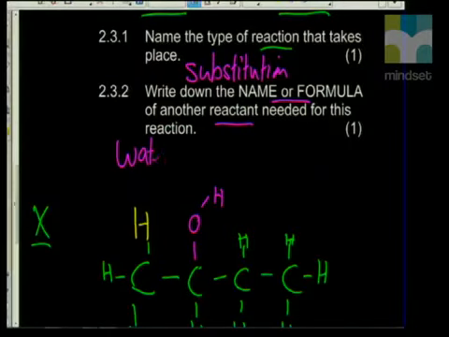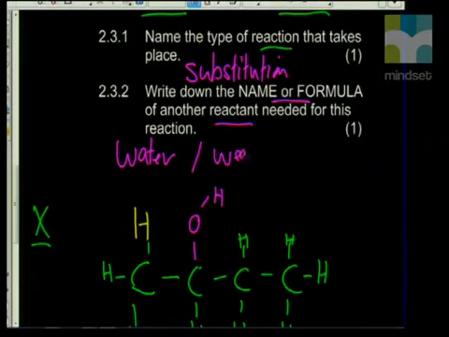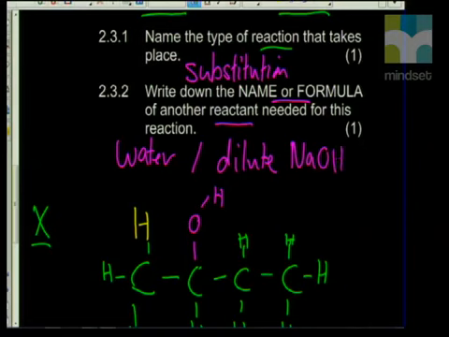What's a source of OH? Well, there are two options. You could say water is a source of OH. Yes, it's H2O, so one of those OHs could get in. But the other is a dilute solution, not weak, dilute solution of something like sodium hydroxide.